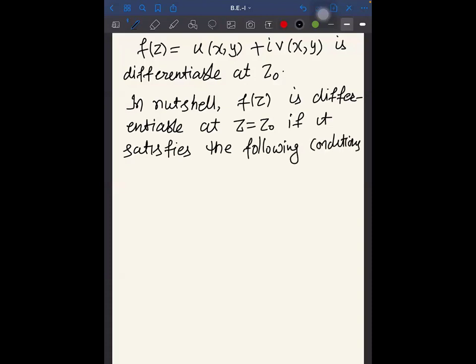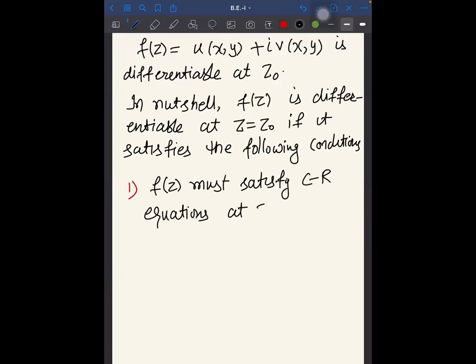What are they? Number one, f(z) must satisfy CR conditions or CR equations at z equal to z naught, right?